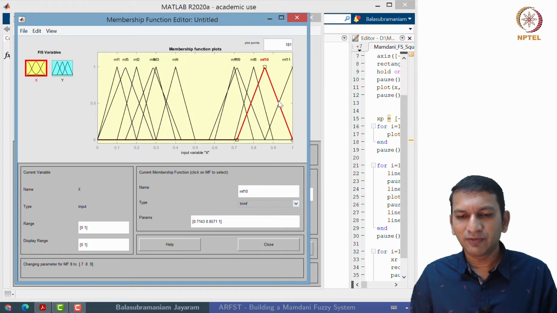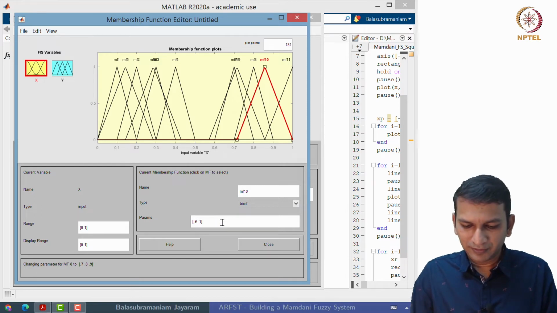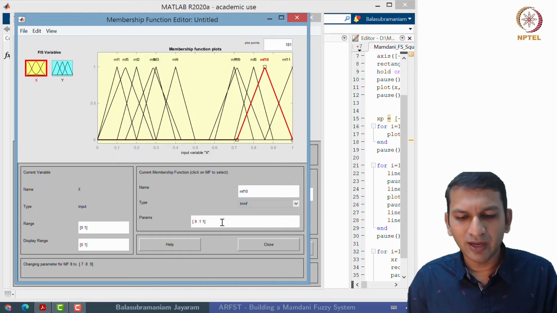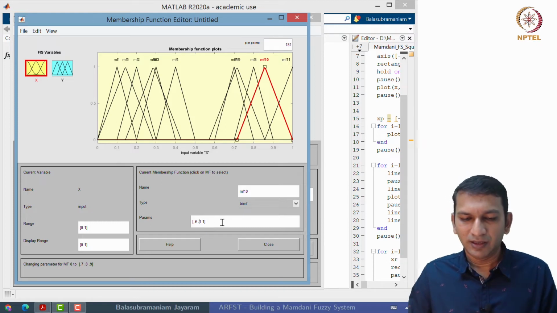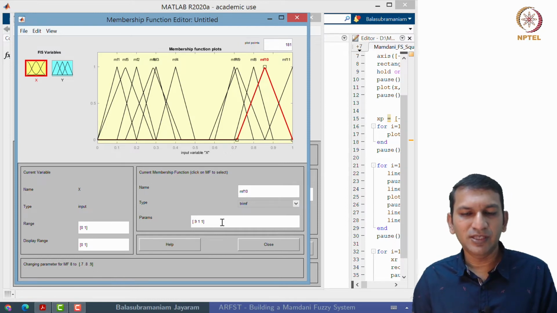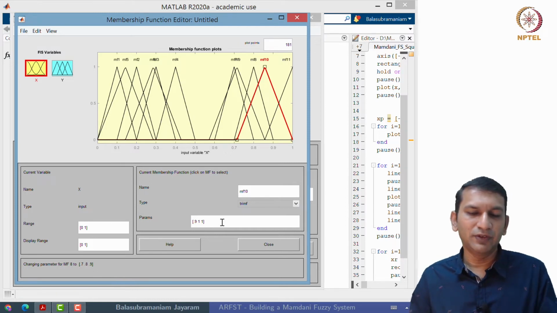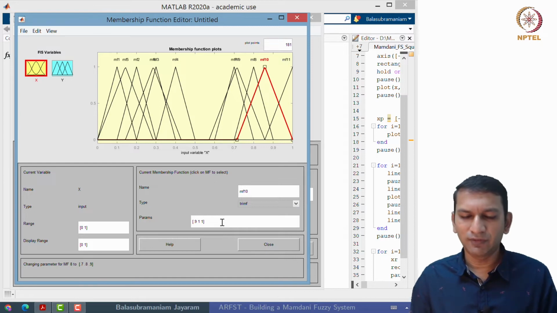So we have MF10, which means it will be positioned at 1. Now, if you want to have a triangular membership function centered at 1, which is essentially the end point, then we will be extending outside of the range that we have considered.